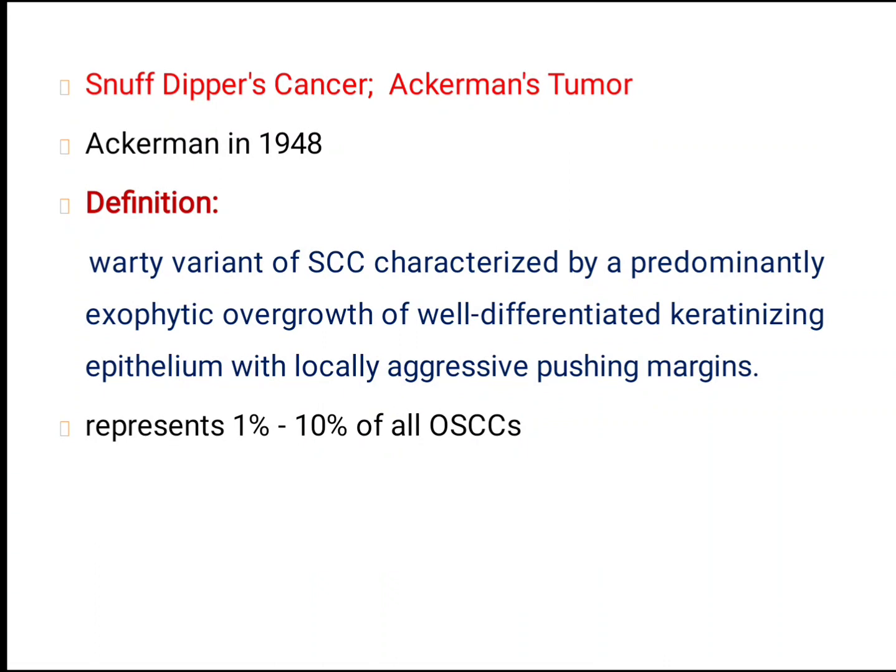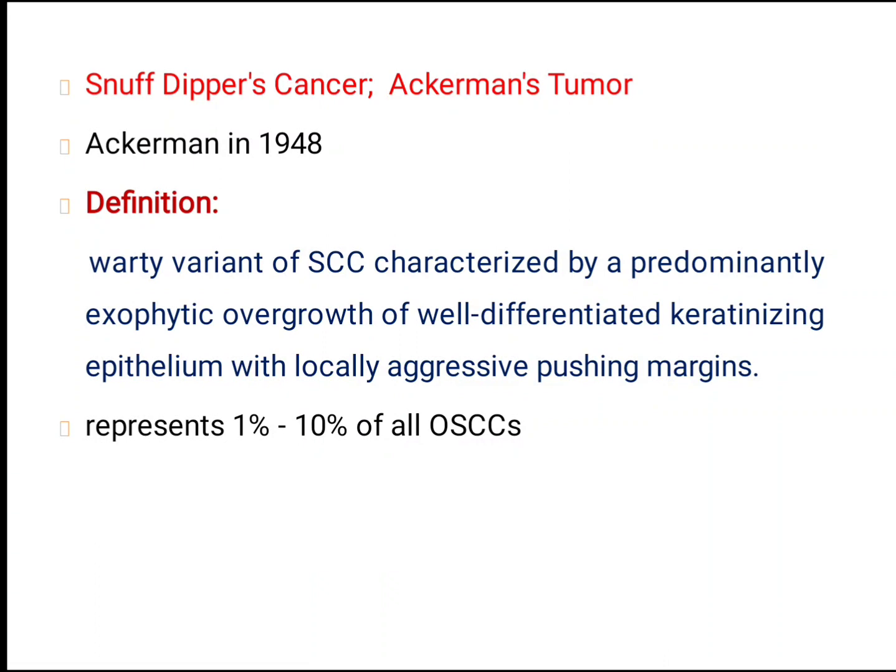In squamous cell carcinoma we have seen well differentiated, moderately differentiated, poorly differentiated. In this variant, verrucous carcinoma, we will see overgrowth of well differentiated keratinizing epithelium, and this epithelium will have a locally pushing margin.